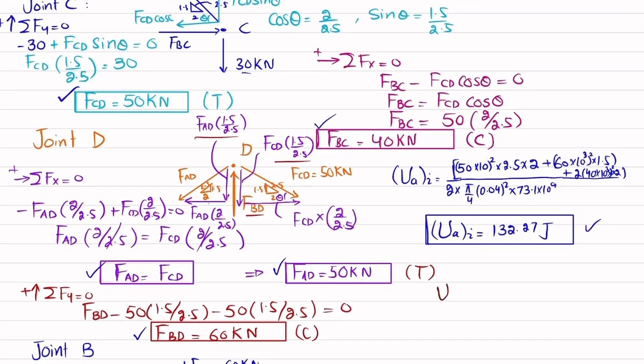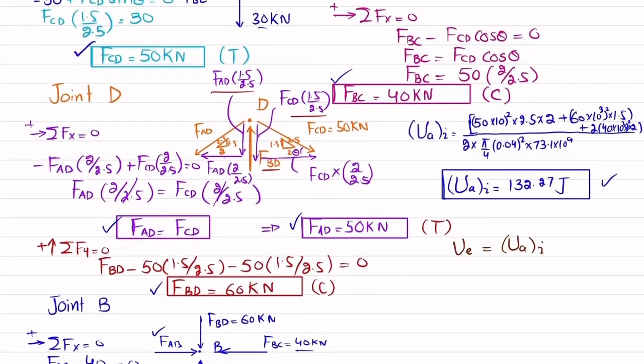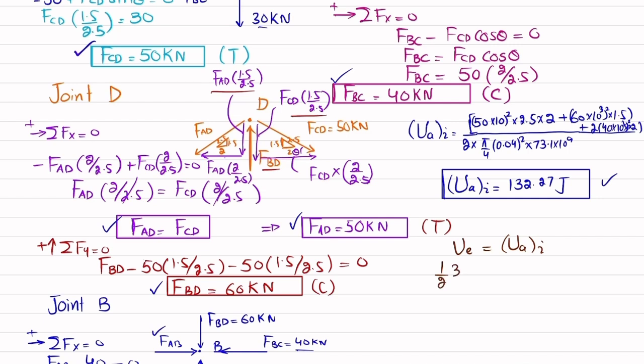Again, using conservation of energy, we know that UE is equal to UAI. So UE was this one, 1 over 2, 30 into 10 to the power 3 multiplied by delta C, is equal to 132.27 joules. So delta C will be equal to 2 multiplied by 132.27 divided by 30 into 10 to the power 3.